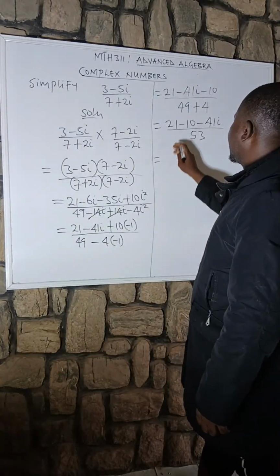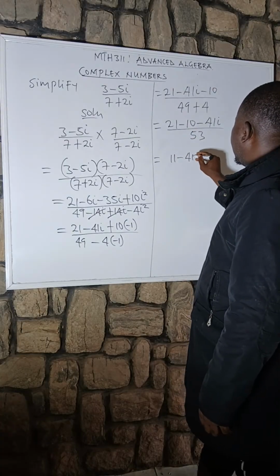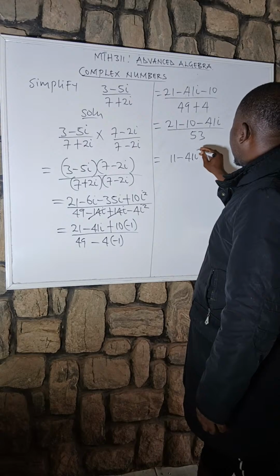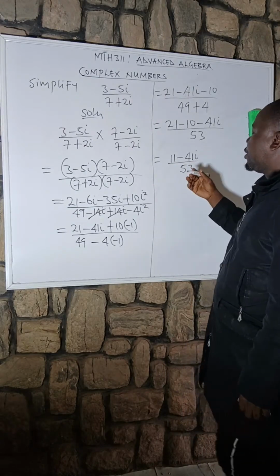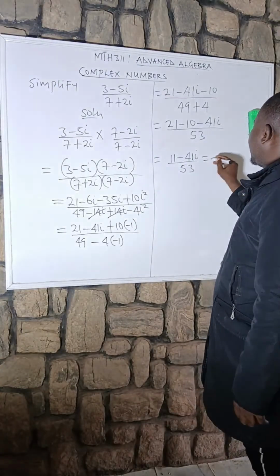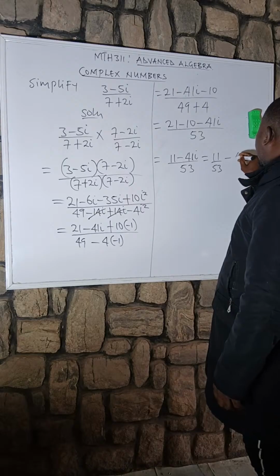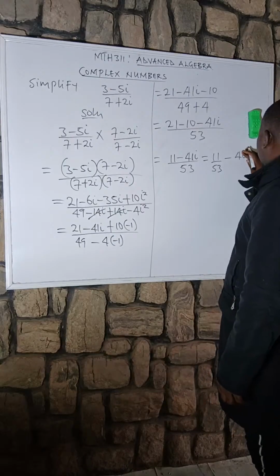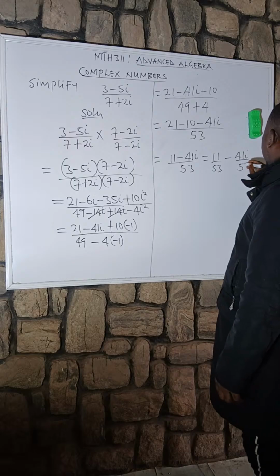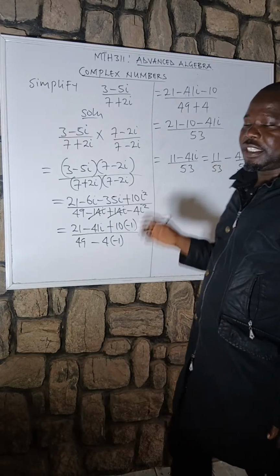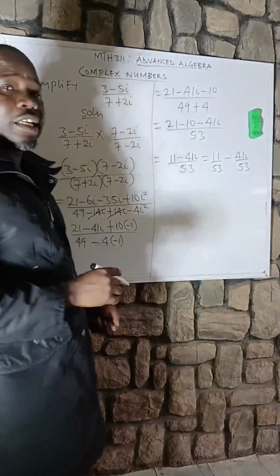Then this is equal to 21 minus 10, 11 minus 41i, all over what? 53. So the final answer is going to be 11 over 53 minus 41i over 53. This is how you are going to conjugate this type of complex number.